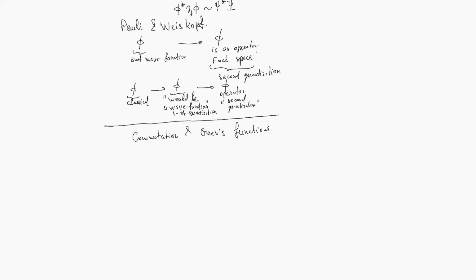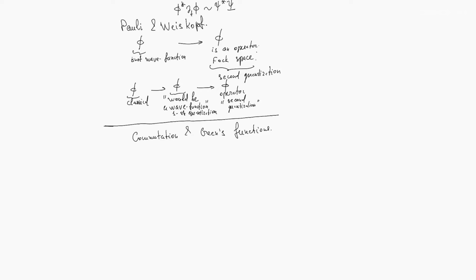And now I would like to discuss how these functions are defined and explicitly constructed for the case of the Klein-Gordon field. Therefore, what I need to consider here is the Klein-Gordon equation with sources.